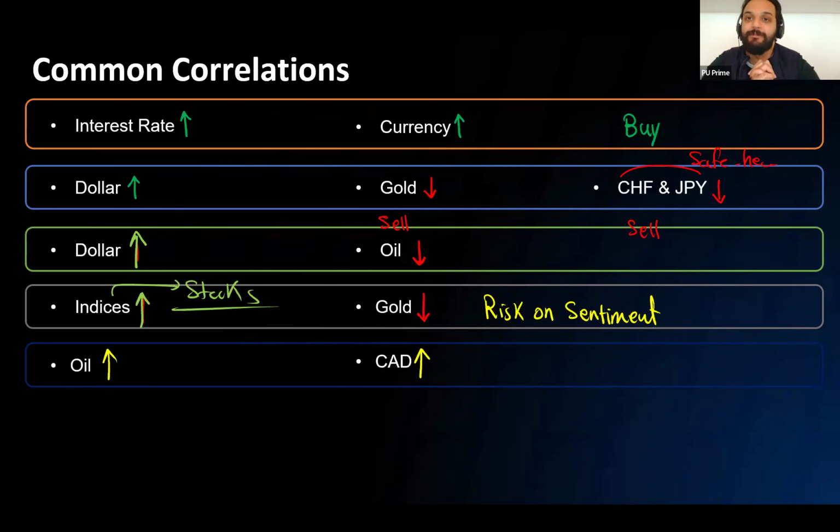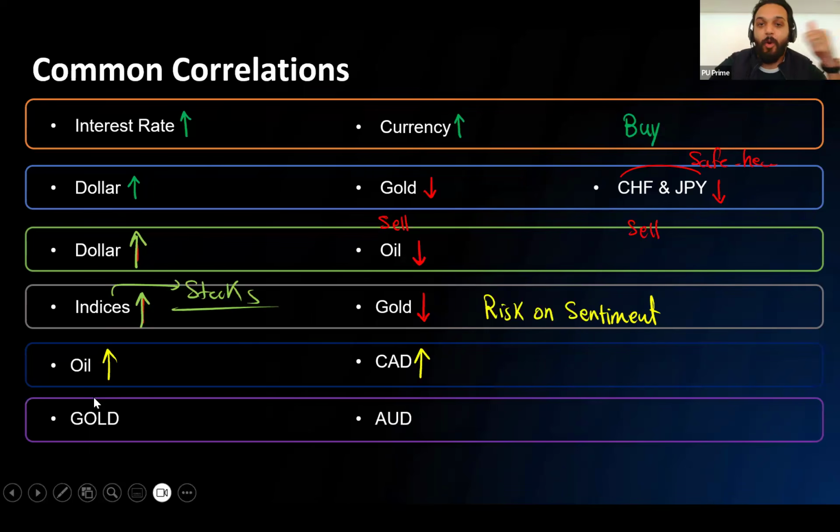You should understand, because these currencies are known as commodity-related currencies: the AUD, the NZD, and the CAD. The CAD is linked to the oil. Gold is linked to the Australian dollar.